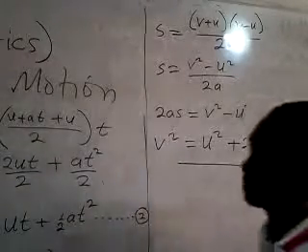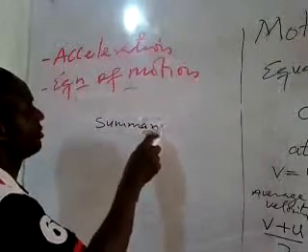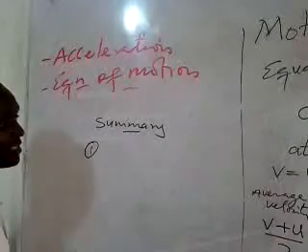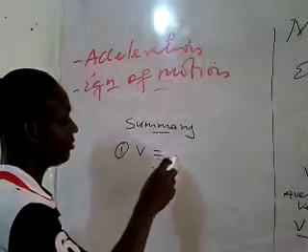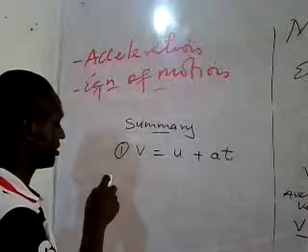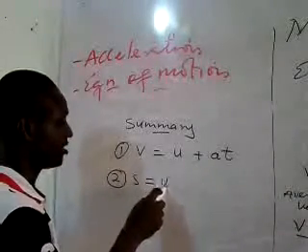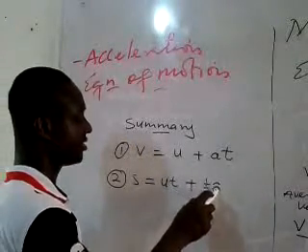Now, let me summarize these equations here. So we can say that summary: one, for the first equation of linear motion, V will be equal to U plus AT. And the second equation of linear motion, S is also equal to UT plus half AT squared.